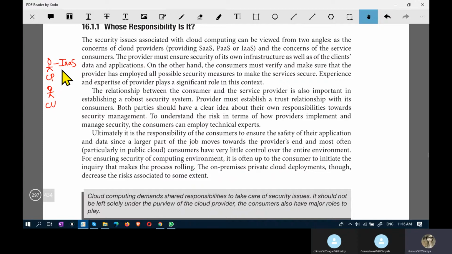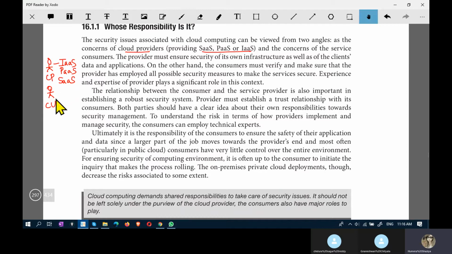They would like to safeguard their platform which is being provided to users through PaaS service, and they also would like to protect their apps which they have given access to users on payment basis. So cloud providers would like to safeguard all these.